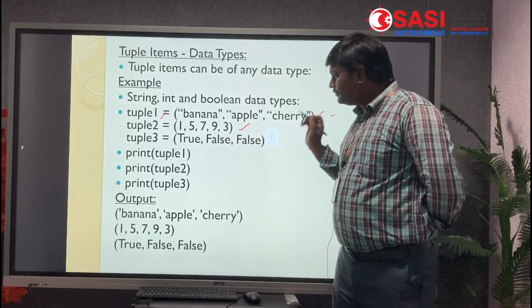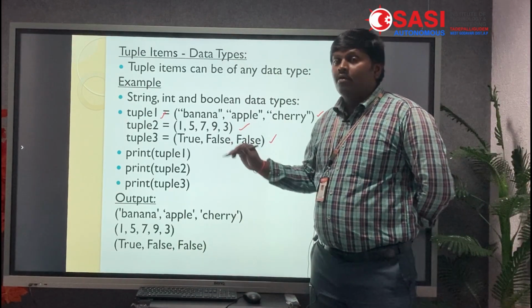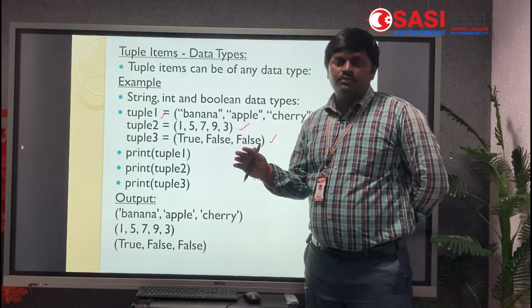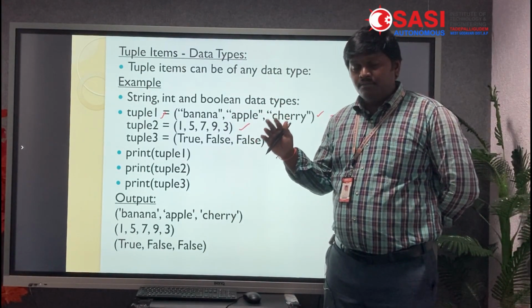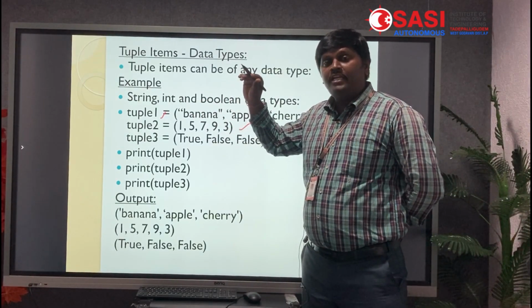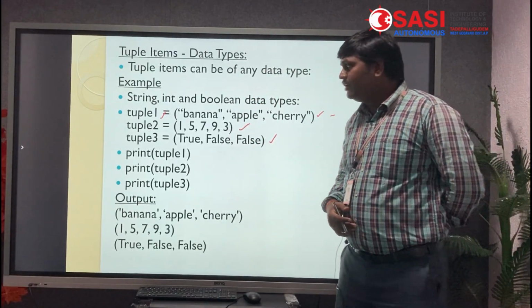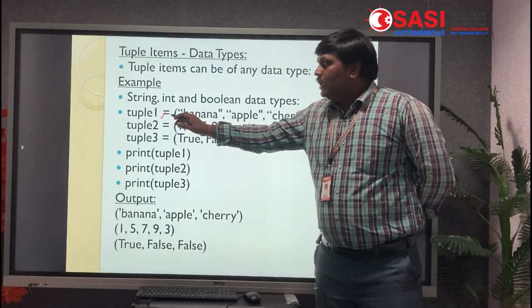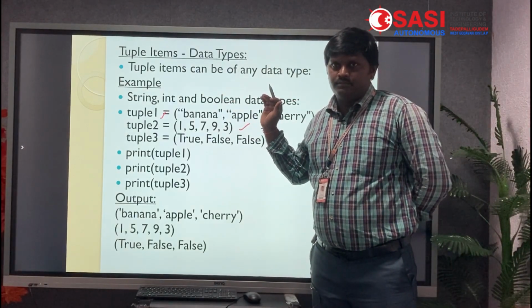In tuple 3, in the third example, we are storing only Boolean values. That means a tuple allows different types of data values, and similarly a tuple allows a collection of multiple types of data values.